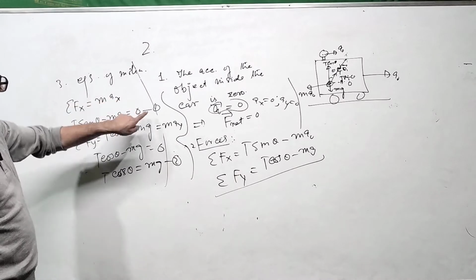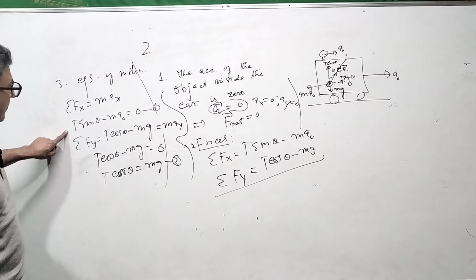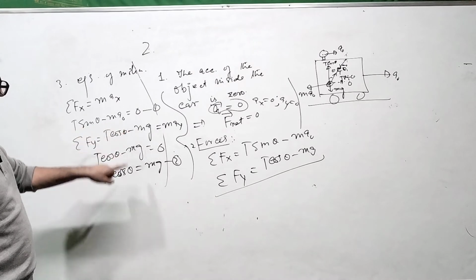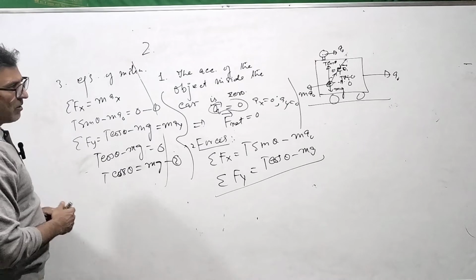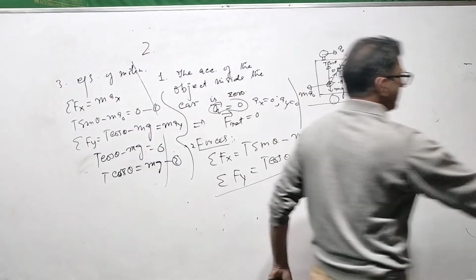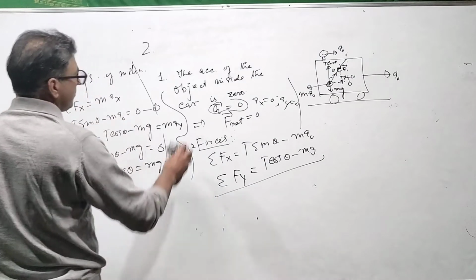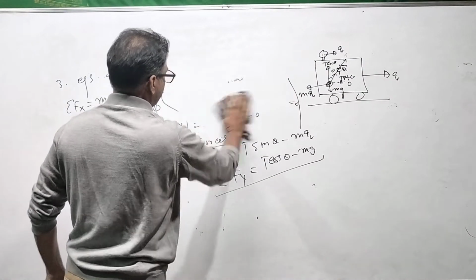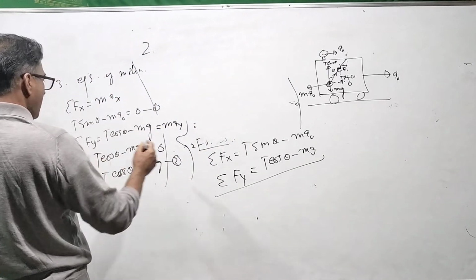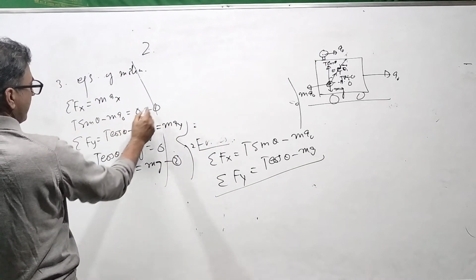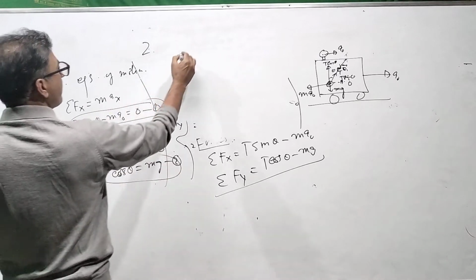Now he will use this equation and this equation to find the answer. You have these two equations, equation 1 and equation 2. What is equation 1?